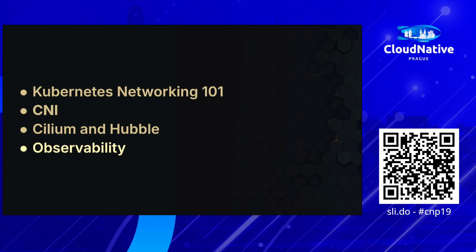I'm just wondering, since you are using eBPF instead of iptables, does it mean that you can suddenly use ICMP to ping your services? Because right now you cannot ping your services in Kubernetes, since it's all implemented using iptables.